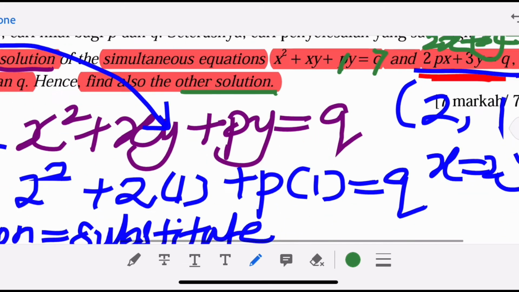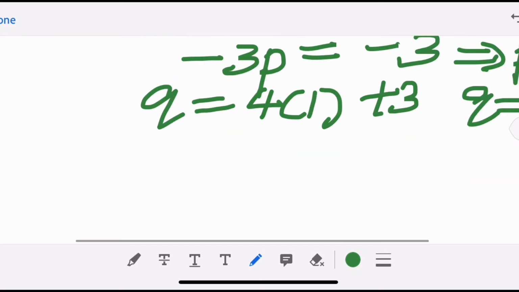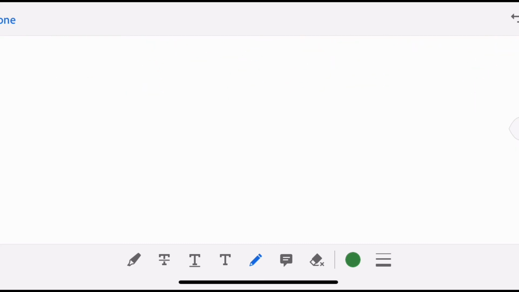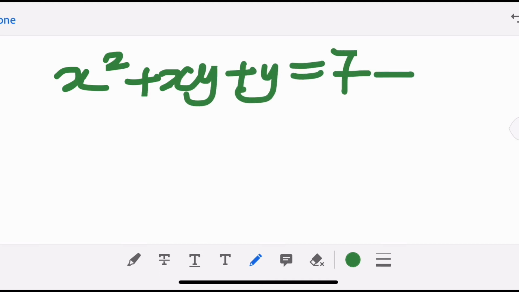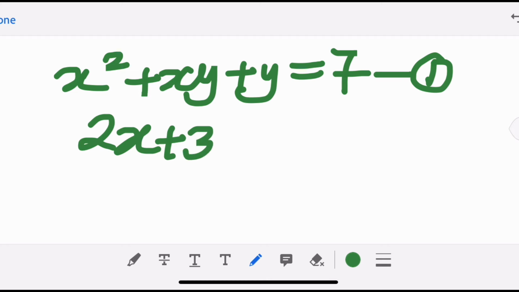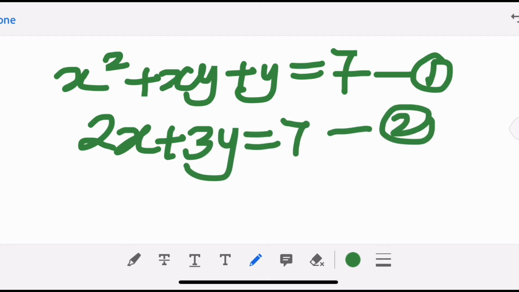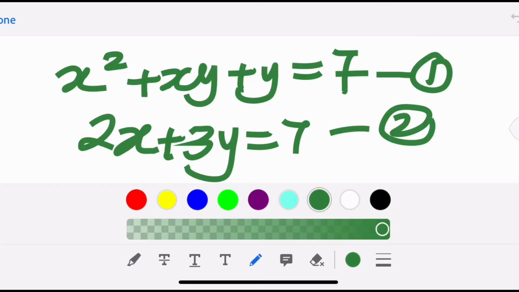Now let's solve it. I'm going to show you how to solve it. Now our equation is x squared plus xy plus y equal to 7. This is a non-linear equation. Number 1, we have a linear equation. This is a linear equation. We will start from linear. Always start from the linear, start from the easy one.